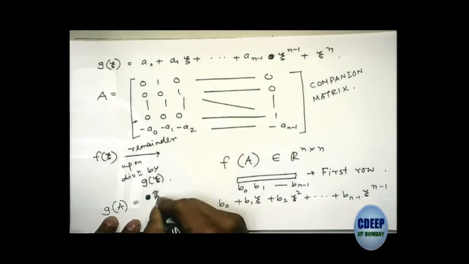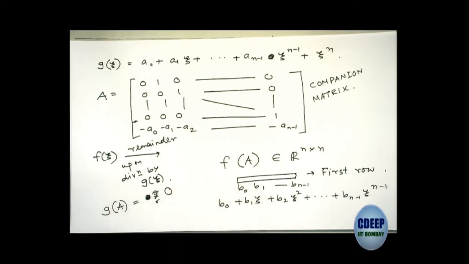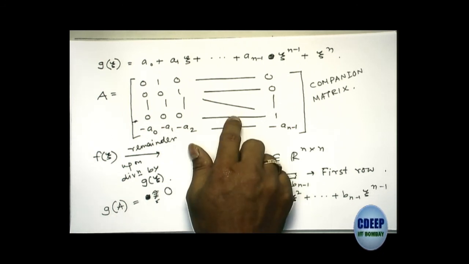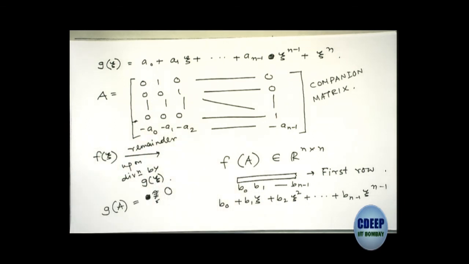Yeah, and this tells us that the entire matrix g of A will be the 0 matrix, and this is the celebrated Cayley-Hamilton theorem. Cayley-Hamilton theorem says that every matrix satisfies its characteristic polynomial. Well, for the companion matrix g of xi indeed is the characteristic polynomial, and g of A is equal to 0.